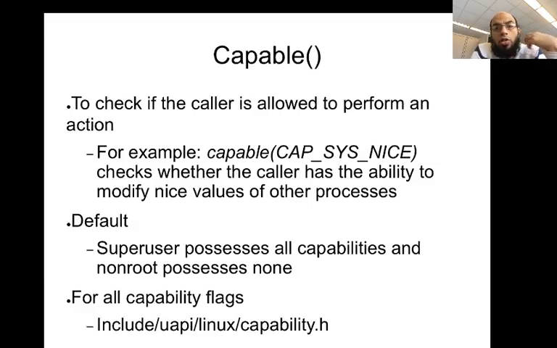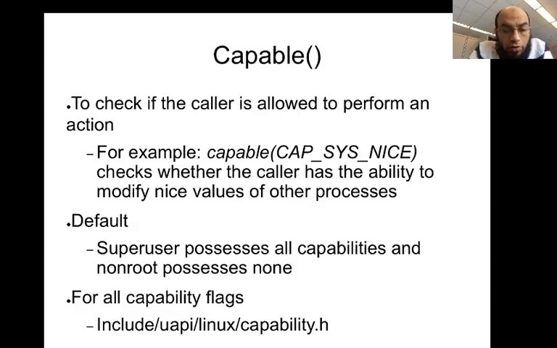A user can change the niceness value of his own process, saying, well, I am willing to release resources for others. I'm being nice to others. But if the user tries to change the niceness value of other processes, then the kernel will check it using capable.